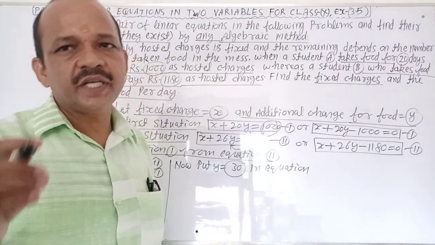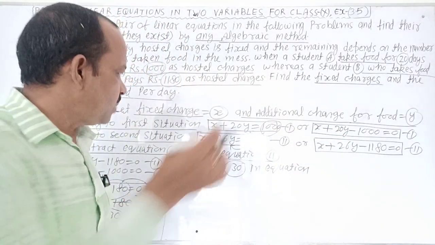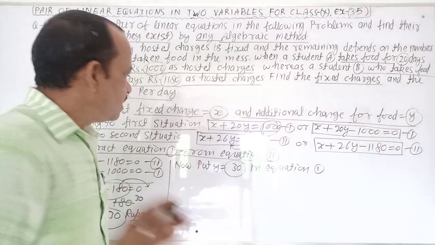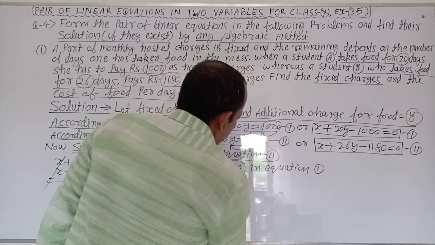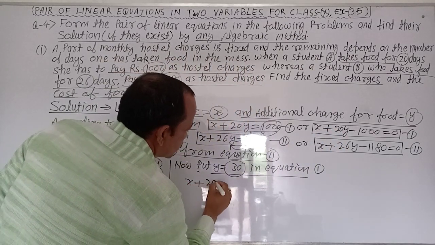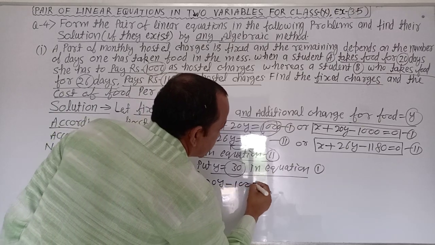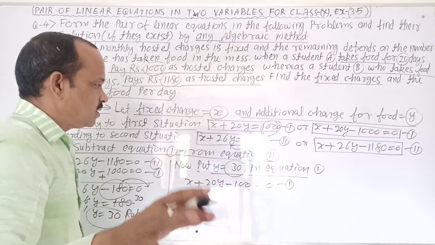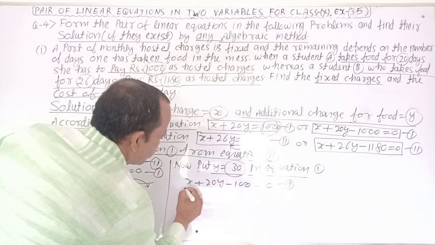You can put in any equation. Clear? First in equation first. Equation first is x plus 20y minus 1000 equal to 0. It is equation first. Put y equal to 30.